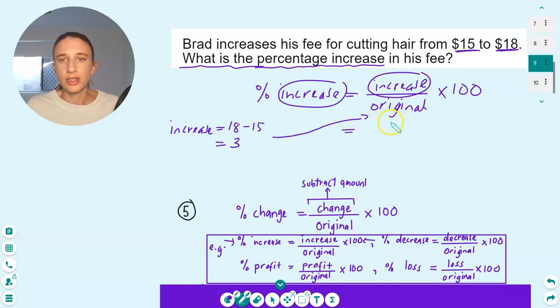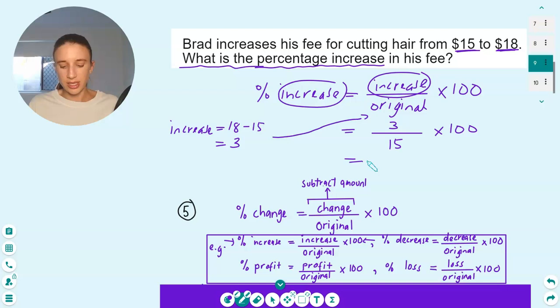So we're going to do 3 over the original amount. Now, which one is the original amount? Is it 15 or 18? It is going to be the number after from. It's going to be that initial amount, 15.